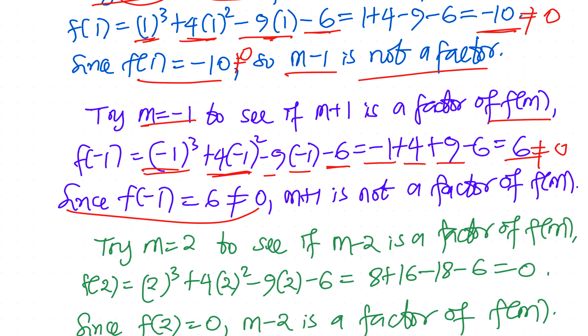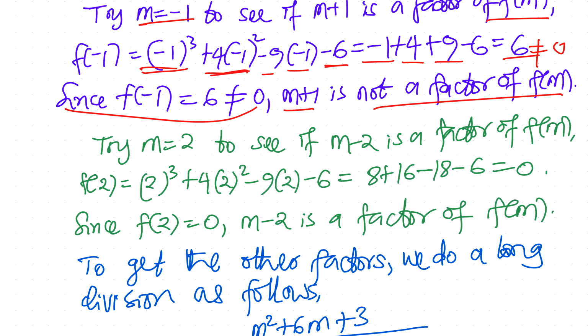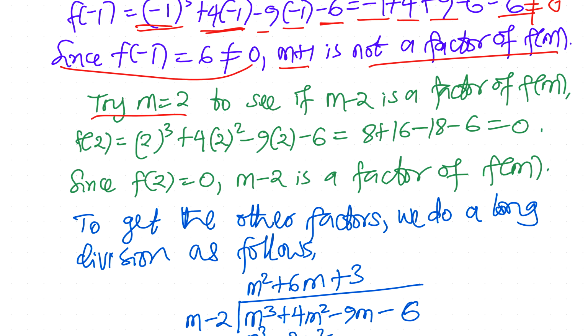So we keep trying. We go to 2. Try m equals 2 to see if m minus 2 is a factor of f of m. If 2 gives us 0, it means m minus 2 is a factor. So let's see f of 2. That's 2 cubed plus 4 times 2 squared minus 9 times 2 minus 6. 2 raised to power 3 is 8. 2 squared is 4, times 4 is 16. 9 times 2 is 18, so minus 18, then minus 6.